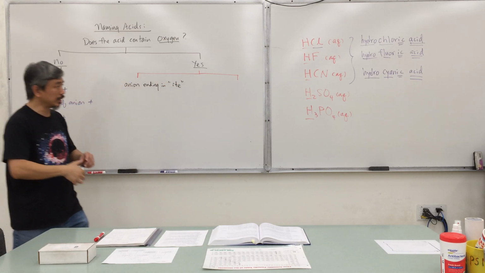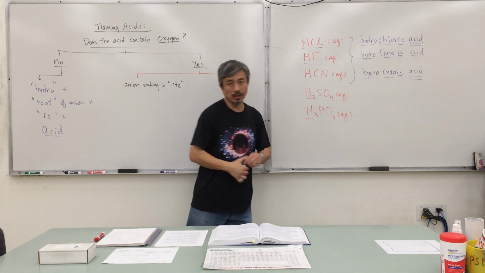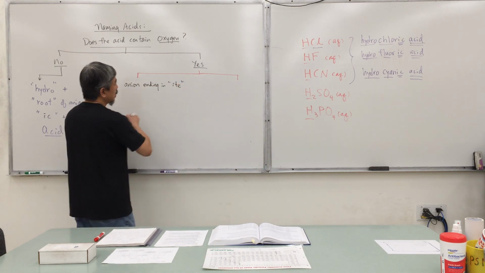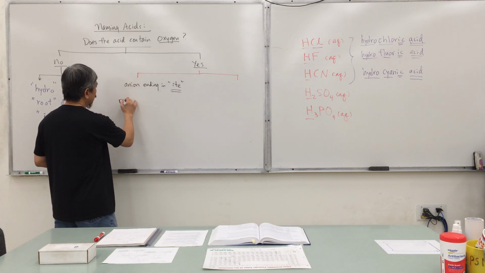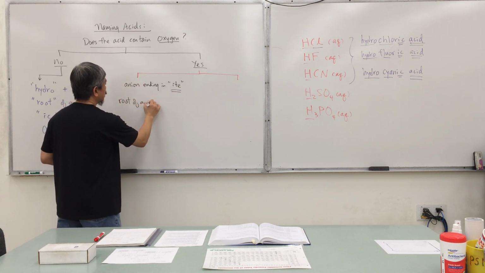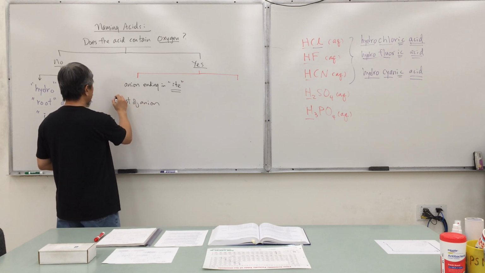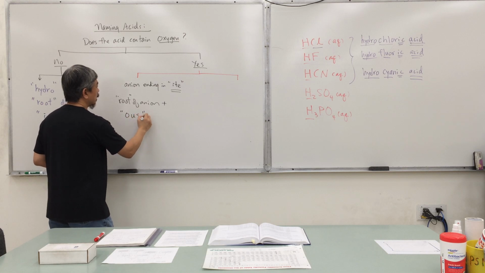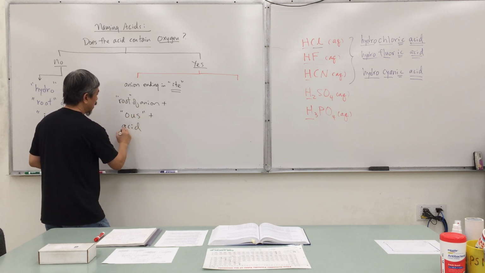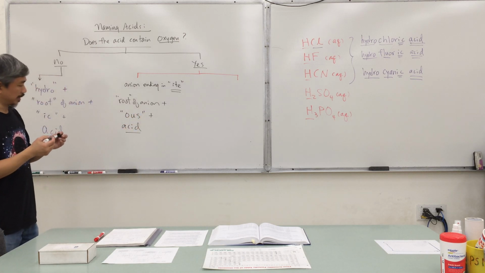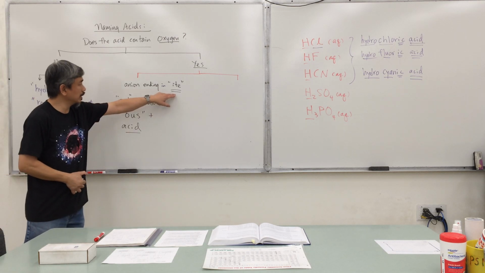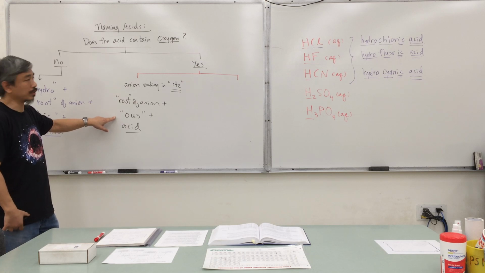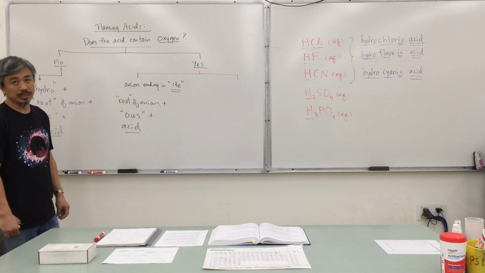So if we look at the name of that anion, if that anion ends in ITE, then we're going to use a root of the anion, and we're going to add on to it an OUS ending, and then acid. So if it's ITE, it becomes OUS. I to us, for example, and that would then be the acid.